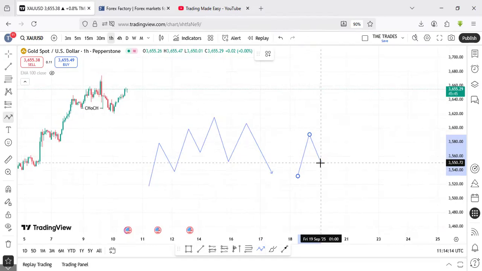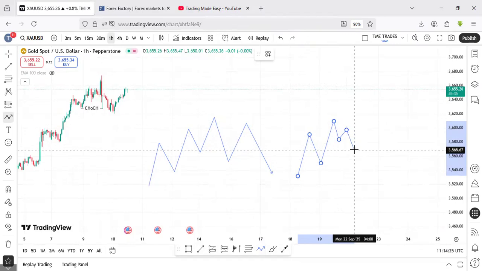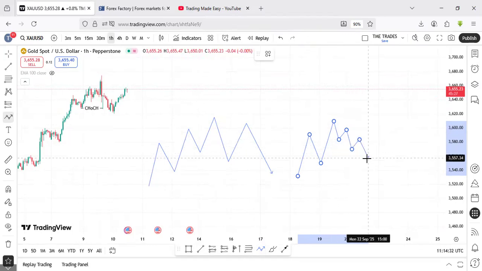It could create another high, then come like this and have an internal trend. Remember, this has gone below this one. It could come like this, but what we don't want to see is it going below this.